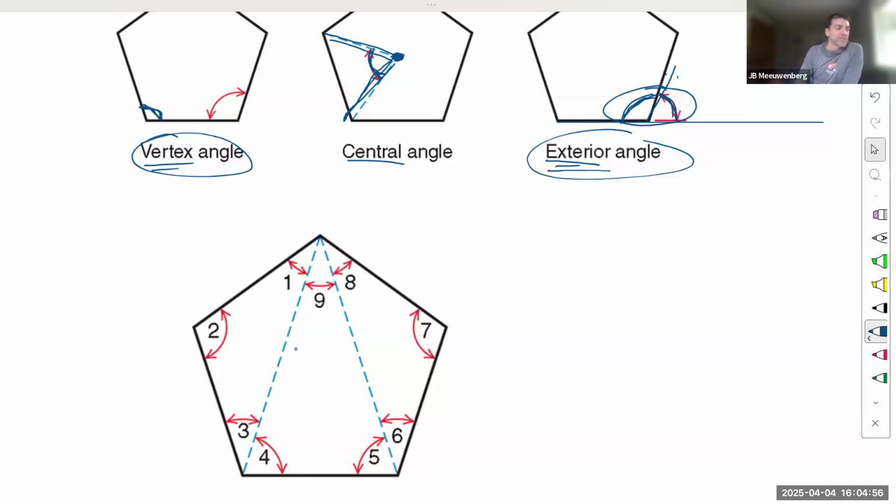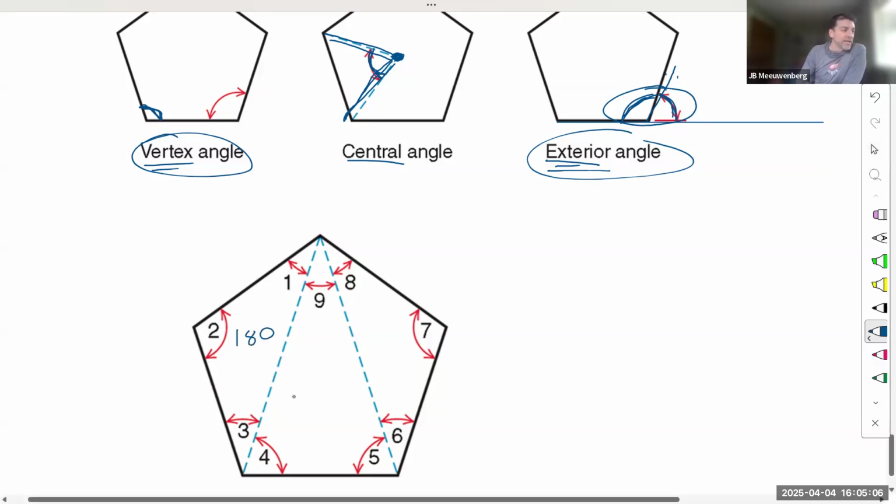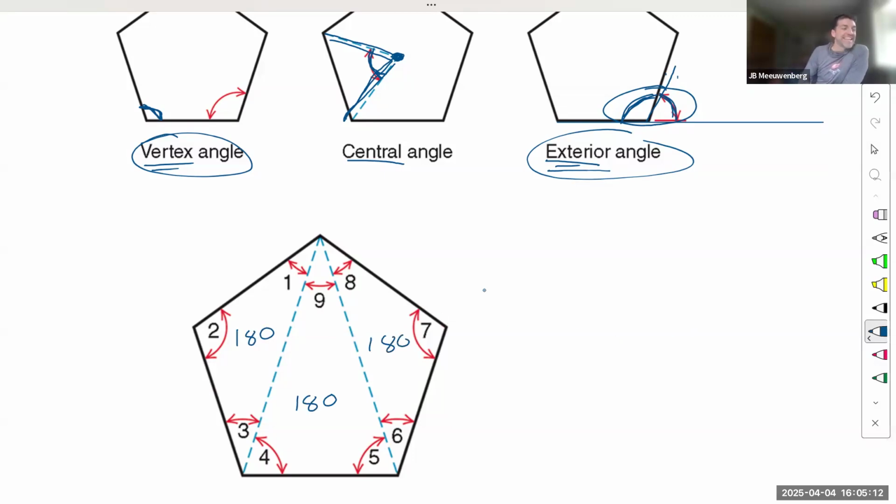We know from our conversation before that triangles all have 180 degrees. So if we take our pentagon and cut it up into three triangles, this has 180 degrees, so does this one, and so does this one, which means that the entire pentagon has to have 3 times 180, which is 540 degrees.